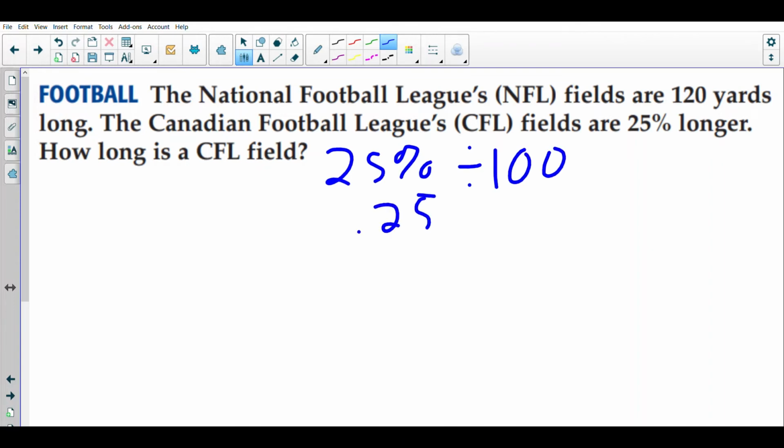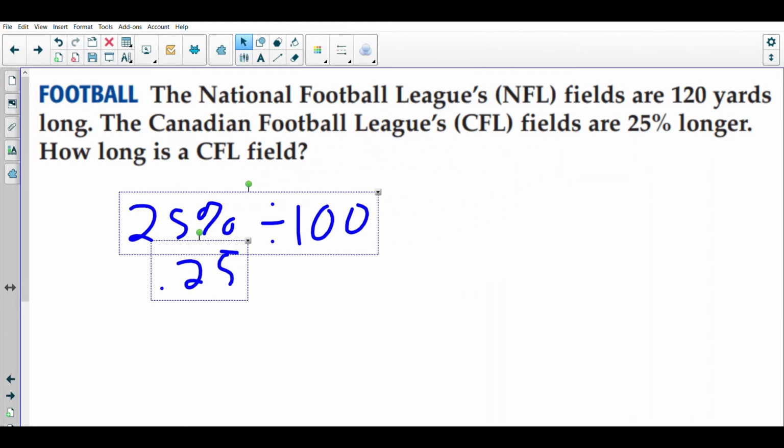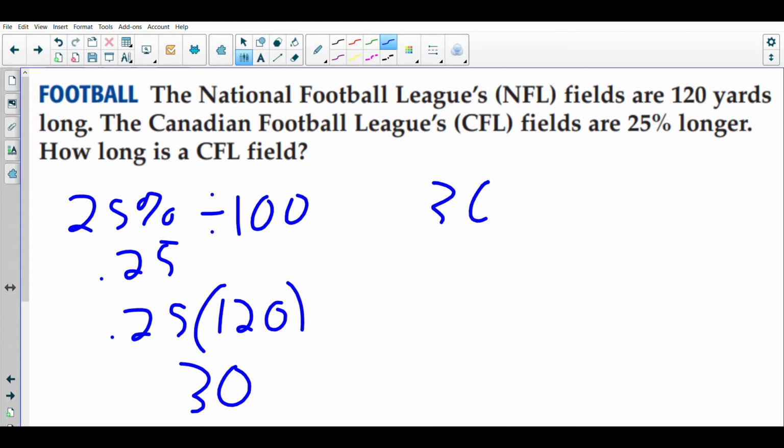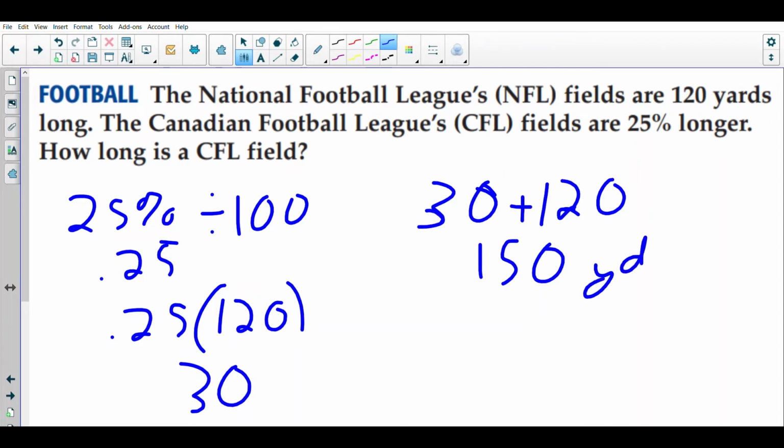Take that number and multiply it by the original amount: 0.25 times 120 gives us a grand total of 30. Now I take that 30 and add it to the original: 30 plus 120 is 150. So CFL fields are 150 yards long.